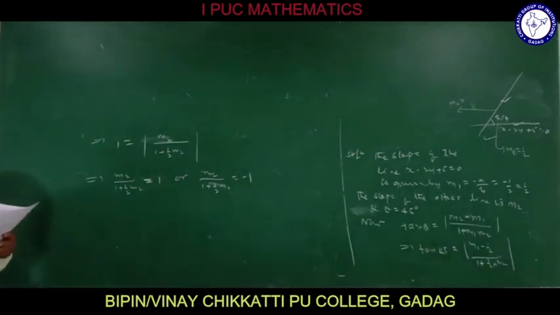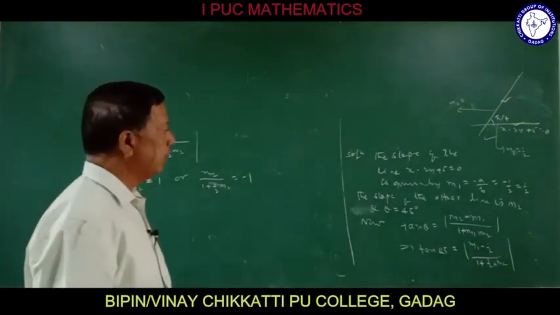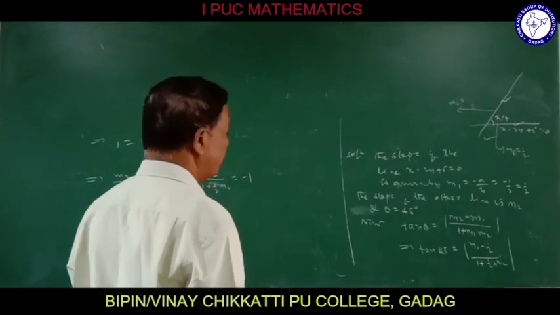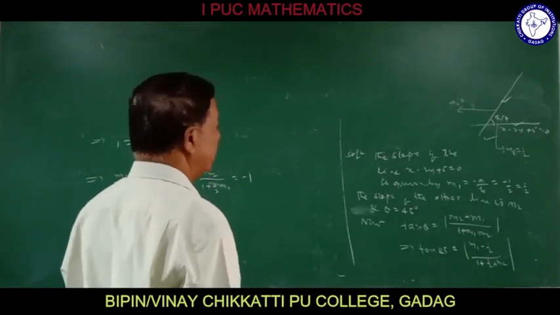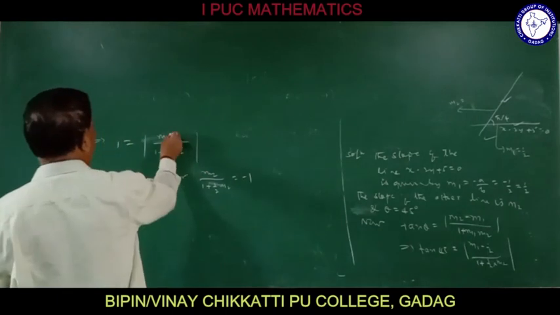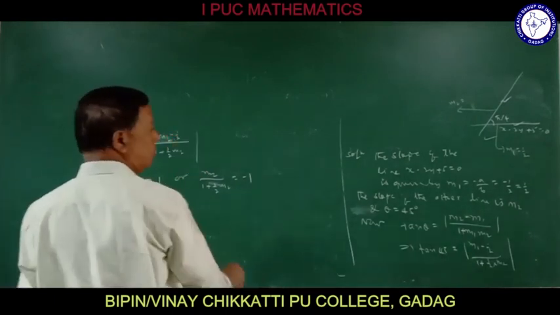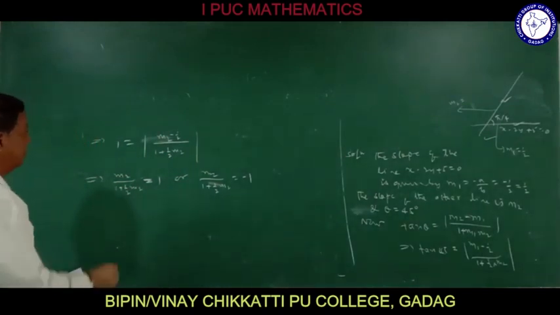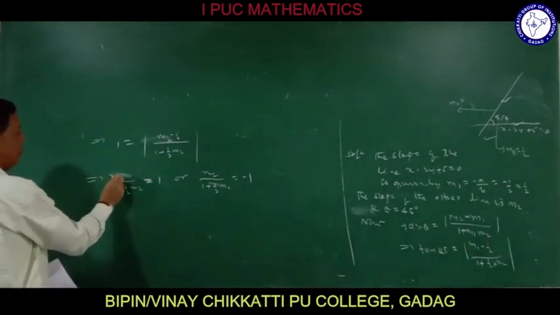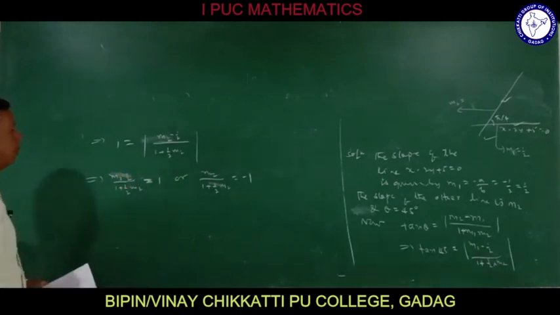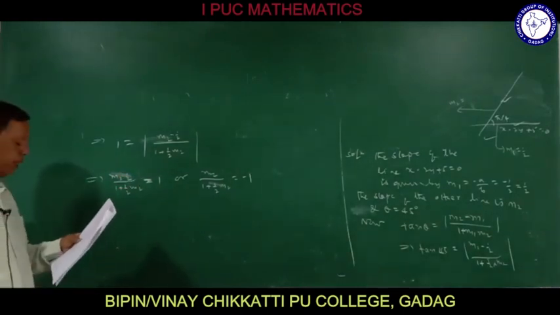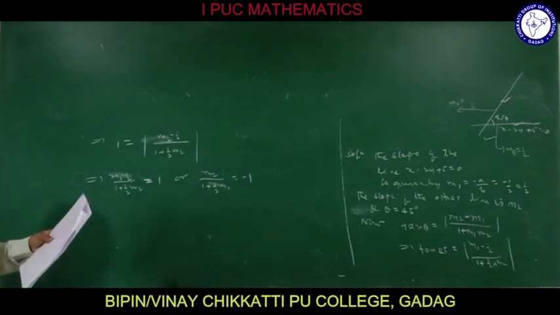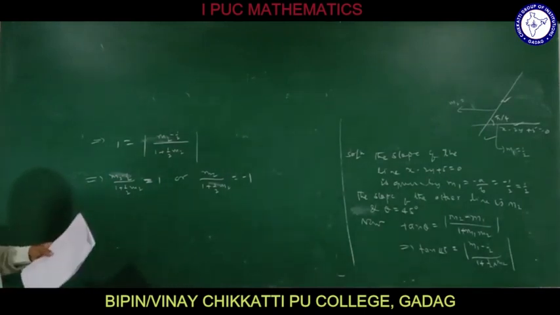This is how you can get the answer. m2 minus m1 is m2 minus 1 upon 2, divided by 1 plus 1 upon 2 m2, equal to 1.